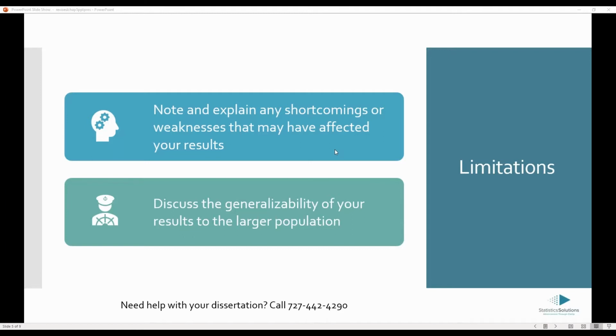Sometimes you can't sample the population, survey the population, you can't get the sample you wanted, and you have to use a different set of participants, that can affect your results. Also, obviously the times that we're going through, COVID has affected research, and that's certainly a limitation to discuss if it has or has the potential to in your study.